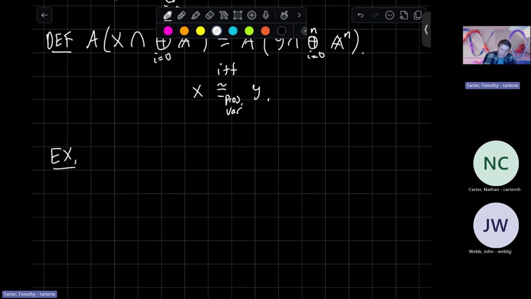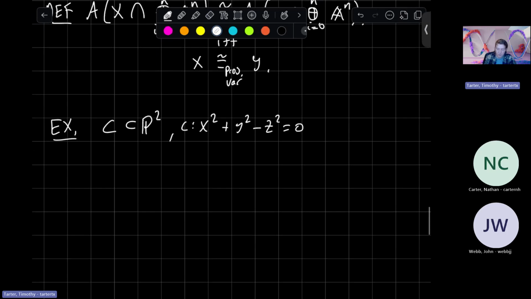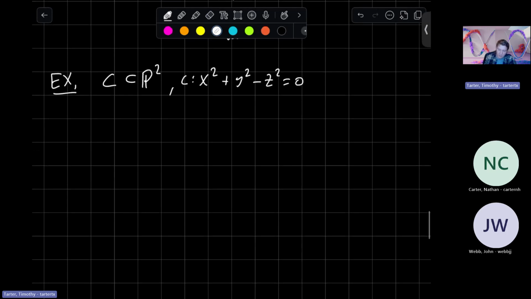So just as an example, consider the curve in P2 cut out by x squared plus y squared minus z squared equals 0.